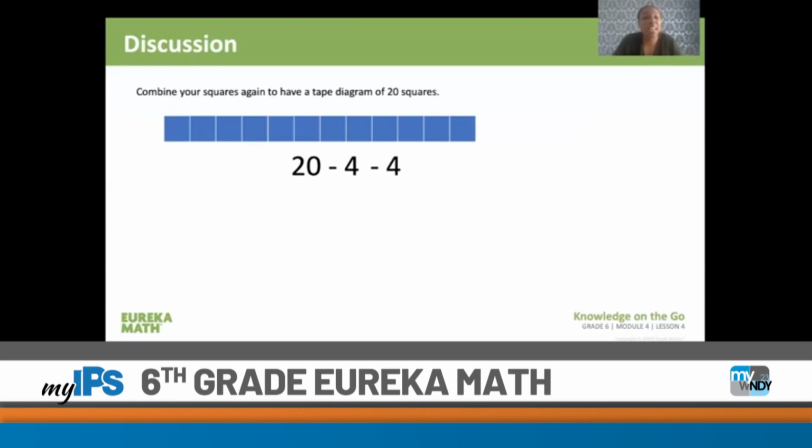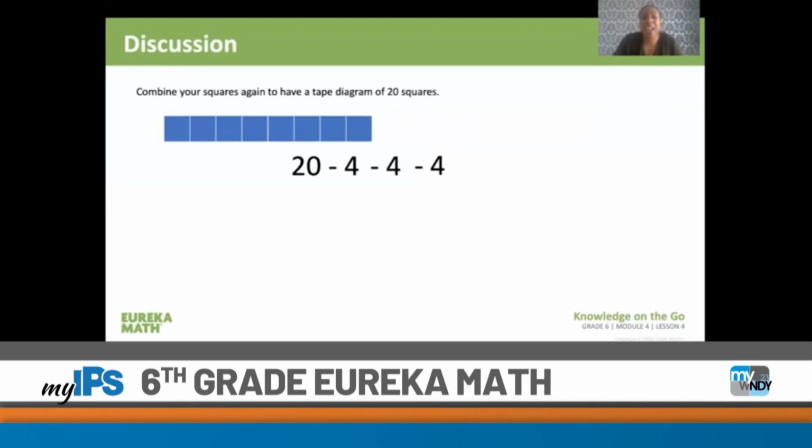Now let's subtract another 4 square tiles. Let's alter our expression to reflect what we just modeled. 20 minus 4 minus 4 minus 4.